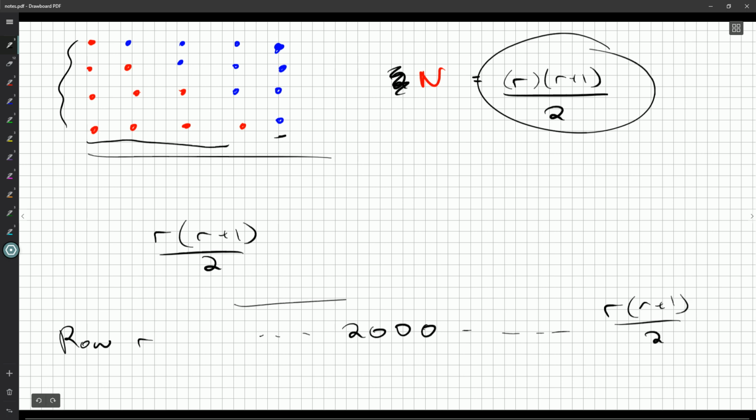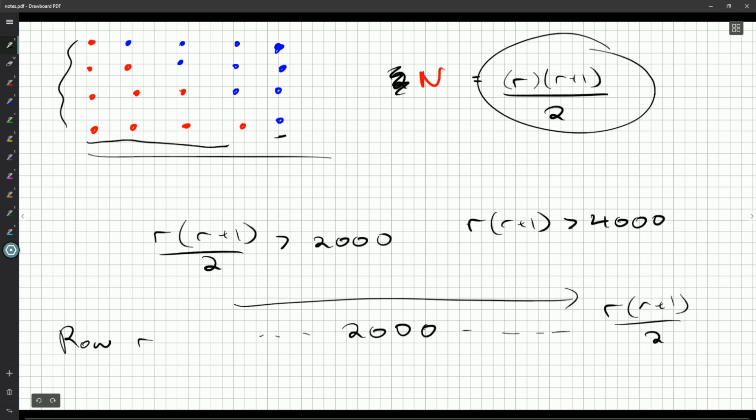And since the numbers are increasing in the row, we need to look for an r satisfying this expression. Okay? Or you could say r times r plus 1 must be greater than 4000.